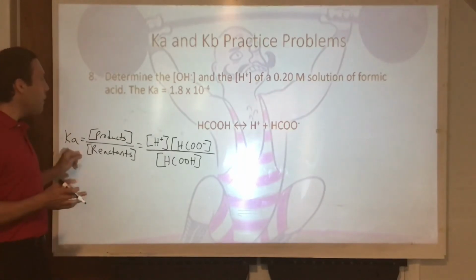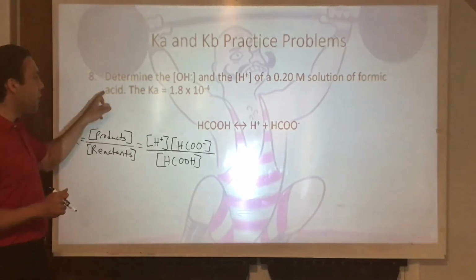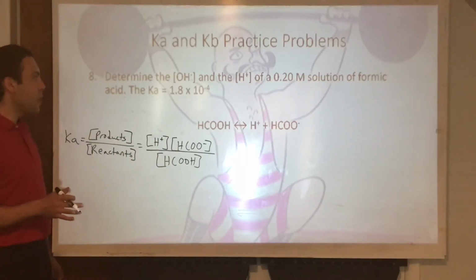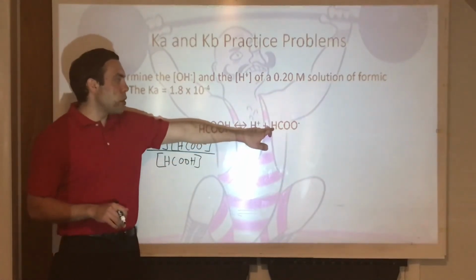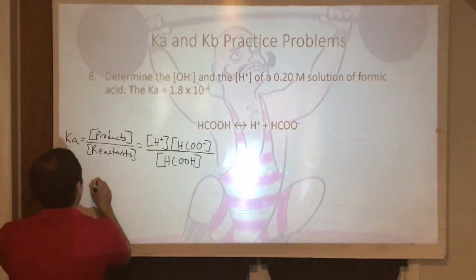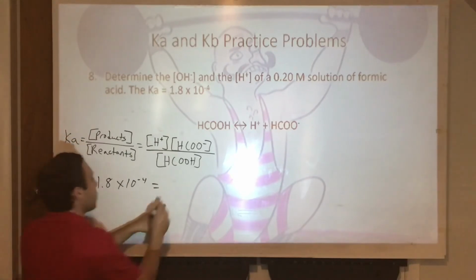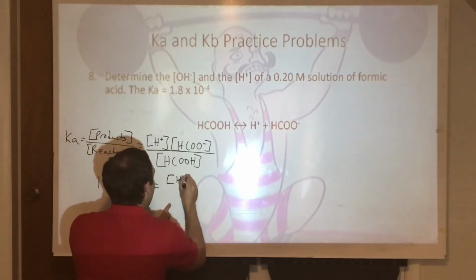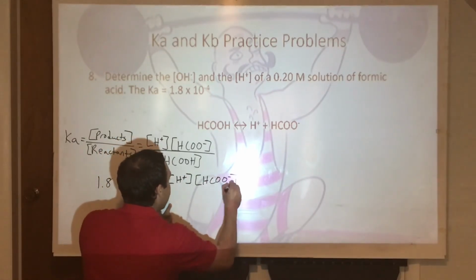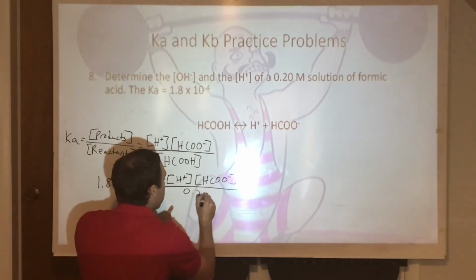Now, we have the Ka and we have the concentration of the formic acid, HCOOH. What we do not have is the concentration of the H plus or the HCOO minus. So let's plug in. Our Ka is 1.8 times 10 to the negative 4th equals H plus concentration times HCOO minus concentration over 0.20 molar.